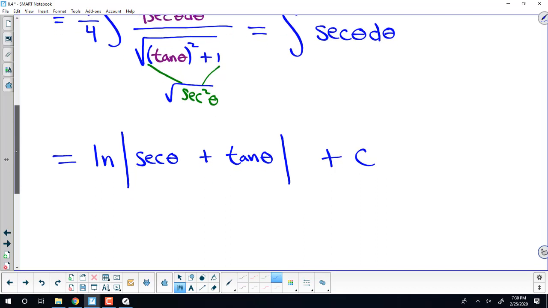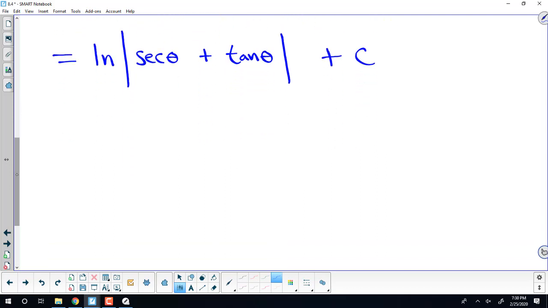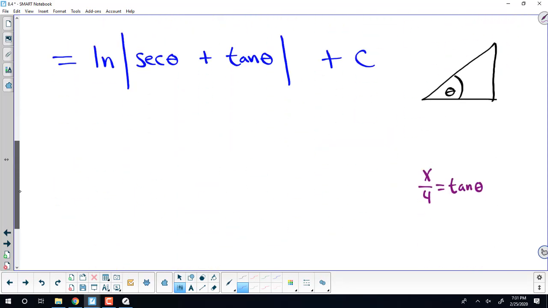Okay. Antiderivative in terms of theta. Now we're going to draw the triangle to convert back to x. X over 4 was tangent, let me just double check. Yeah.